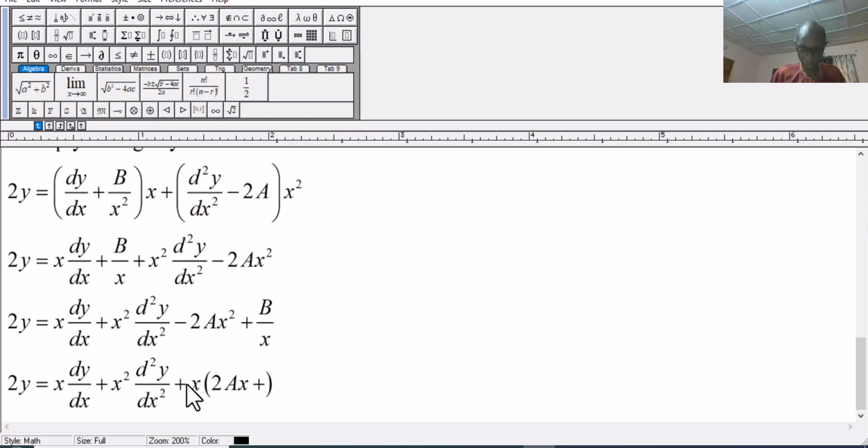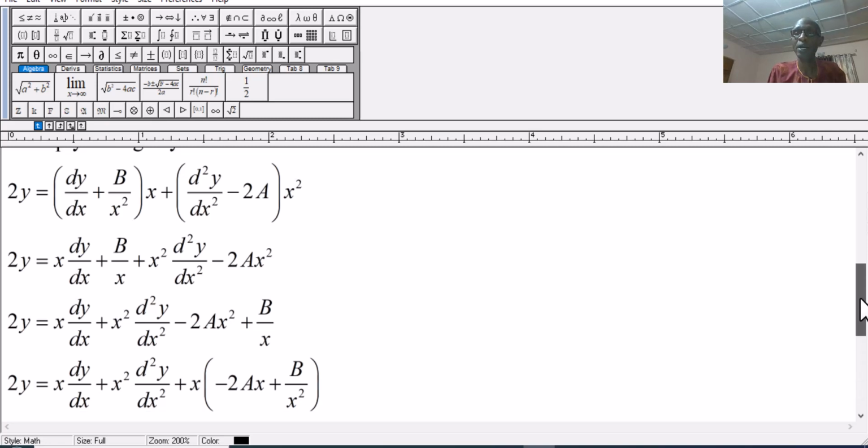So this will be minus 2, and then this will now be b over x squared. Now if we multiply this, x times this will give us minus 2ax squared, and x times b over x to give us b over x.